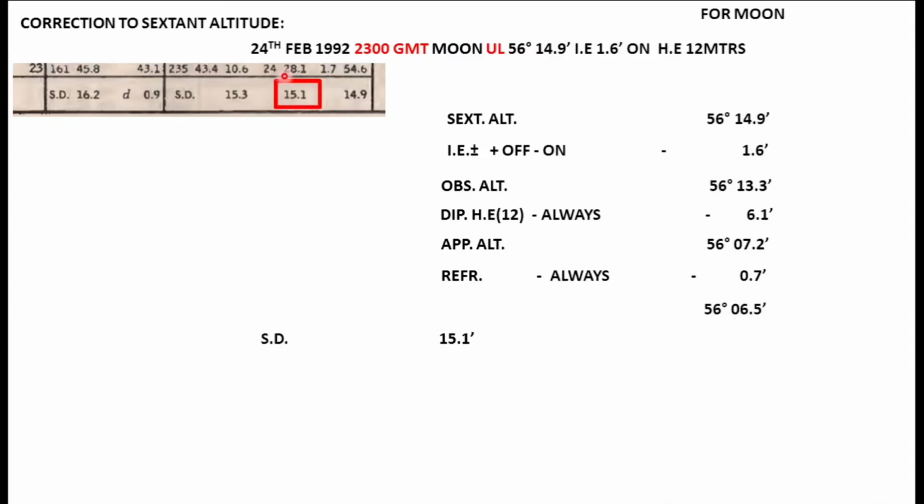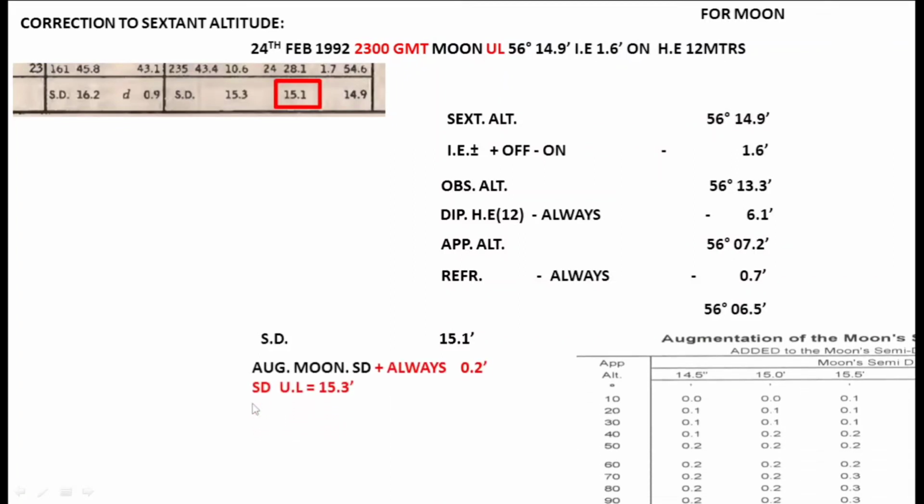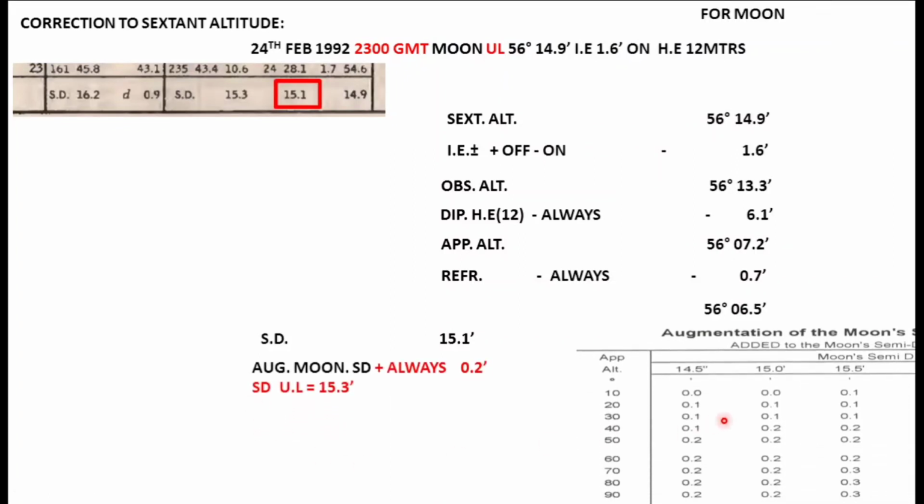Then I apply semi-diameter. This day happens to be the second day on the page: the page is for the 23rd, 24th, and 25th, so the 24th is the middle day. So this is my semi-diameter for that particular day, and I've written it down here. But to this we have to add augmentation, which we get again from the tables, always to be added.